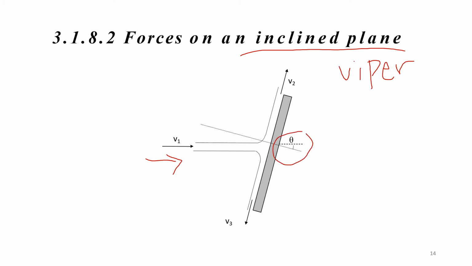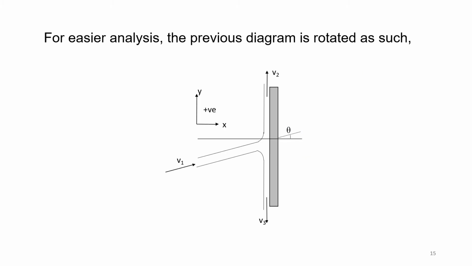So we have V1, V2 and V3. So actually when we calculate, for easier analysis, we need to rotate the inclined plane into a vertical plane. So we write the Fx direction, Fy direction. So this one.